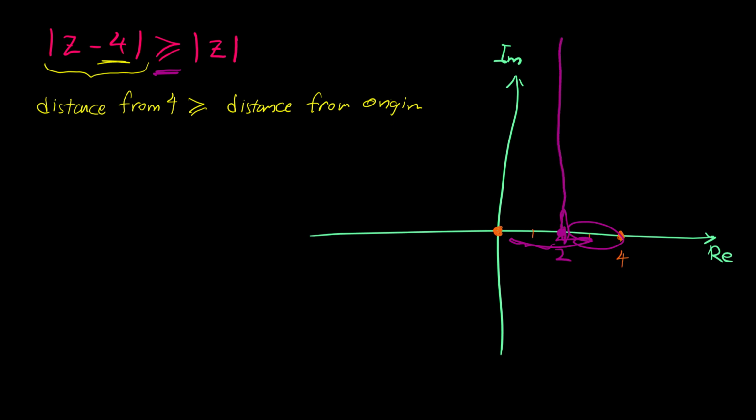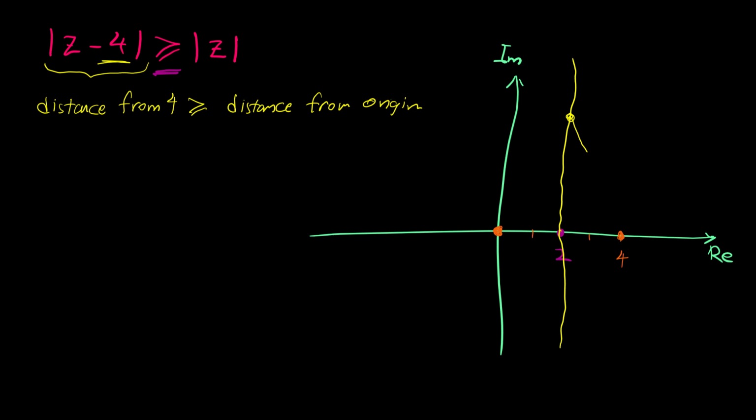And if we draw a vertical line exactly at this point, let me draw with a solid line here. The points that are on this line have the same distance from origin and 4.